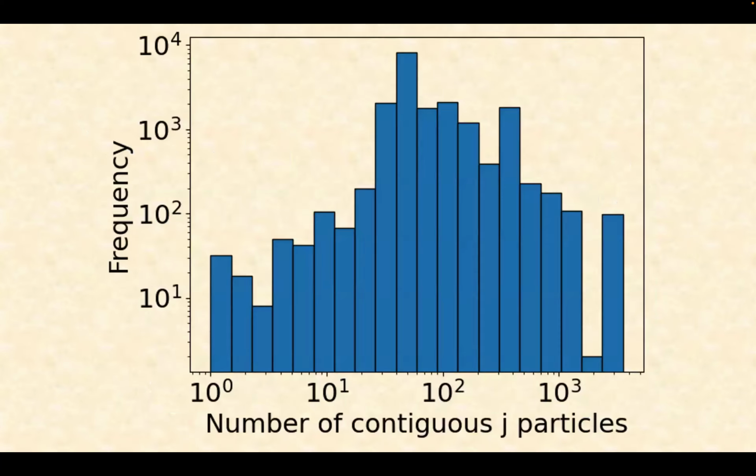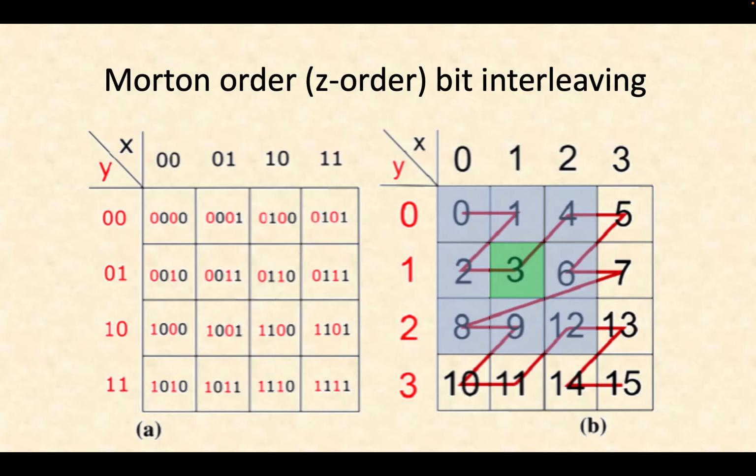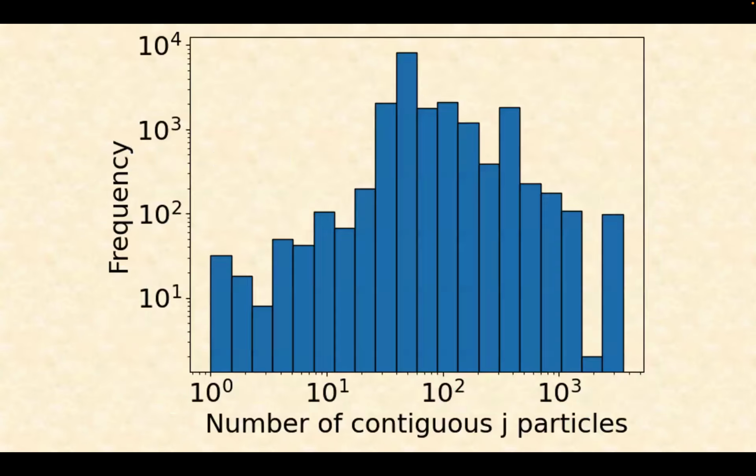And this is, having built the tree walk, the number of contiguous J particles in a particular walk. So in other words, that and then this, I haven't included these, this, then these, and then this, for every single I cell.